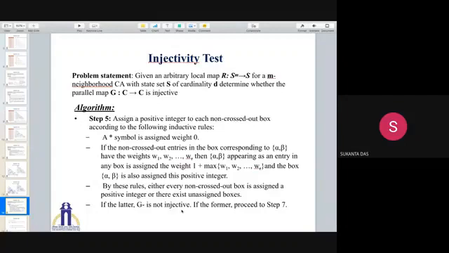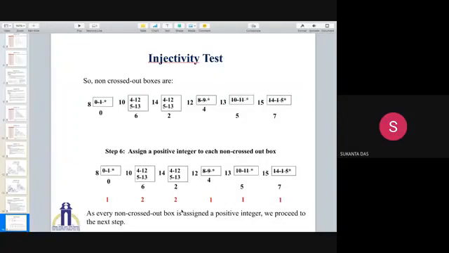Now suppose, if we get these non-crossed out boxes having positive integers, we move to step 7. So here, take this example. Here it is a non-crossed out box.